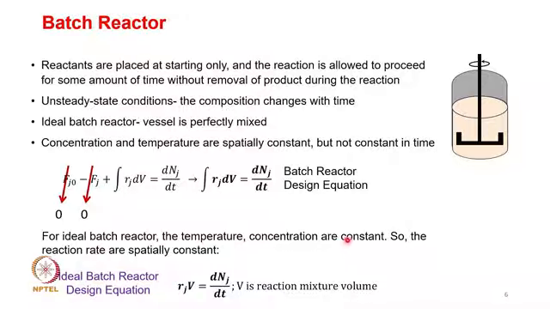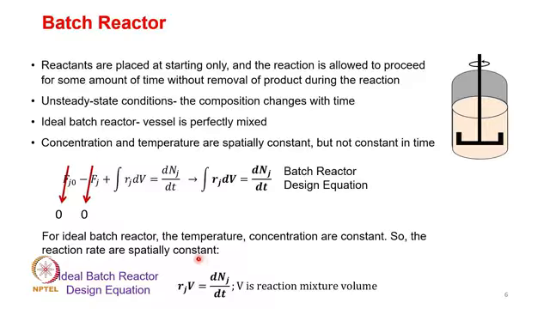We have made the point that concentration and temperature are spatially constant, so the reaction rate is also spatially constant, but again it varies with respect to time. So let us summarize the ideal batch reactor design equation.